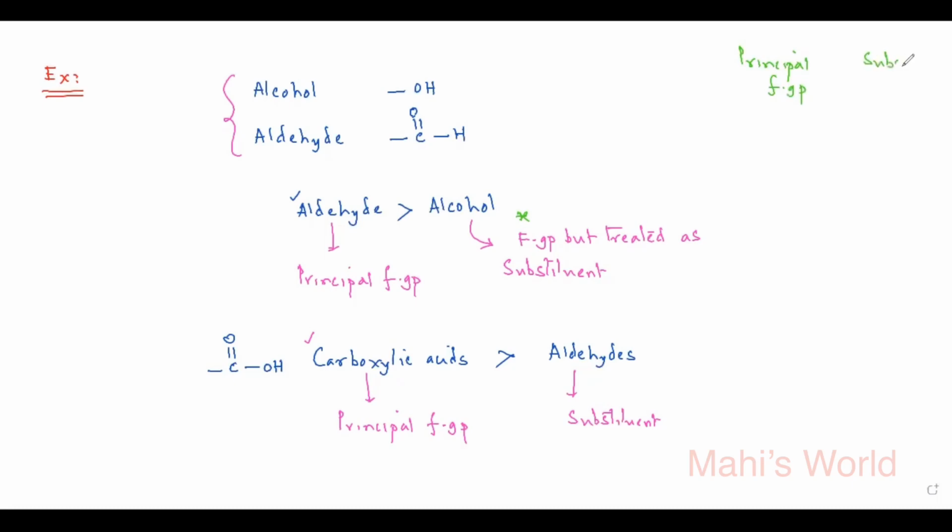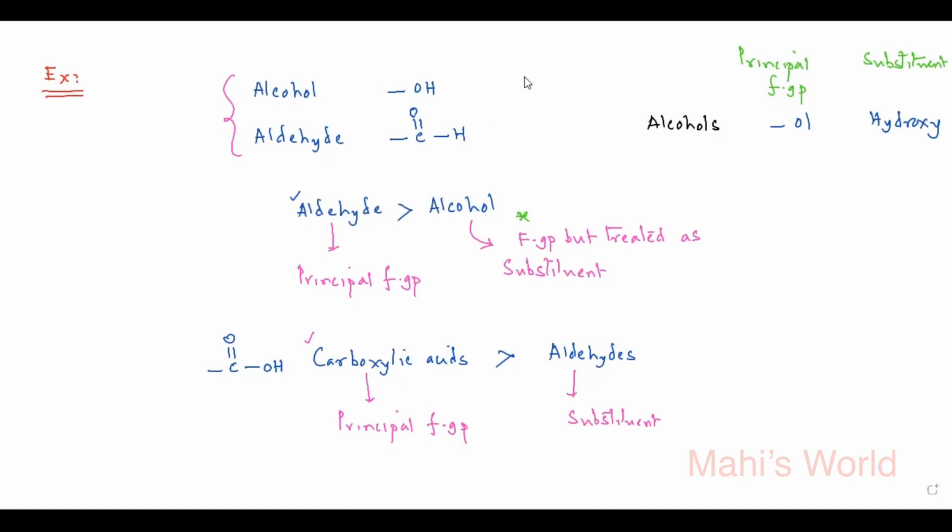And when you treat the same thing as substituent, you will have a different name. For example, consider the same alcohols. When they are treated as principal functional groups, they are called ol. And when they are treated as a substituent, we call them hydroxy.